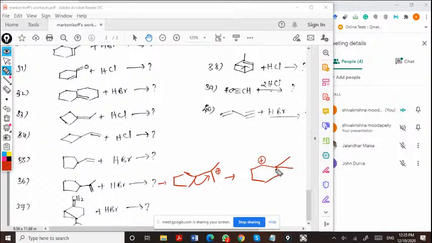Okay. Again here no hydrogens are there, but a methyl group can transfer. So here is the positive charge. So among all these carbocations, this is the stable one. Okay. This is the stable one. So it's going to give the product.